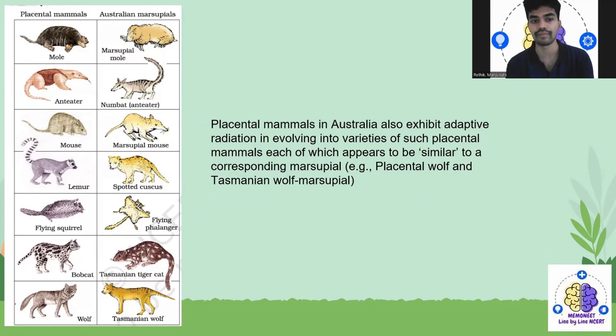Then we have placental mammals in Australia as another example which exhibit adaptive radiation, evolving into various placental mammals, each of which appears similar to its corresponding marsupial, that is, the placental wolf and the Tasmanian wolf marsupial. You can see here the placental mammals and Australian marsupials.